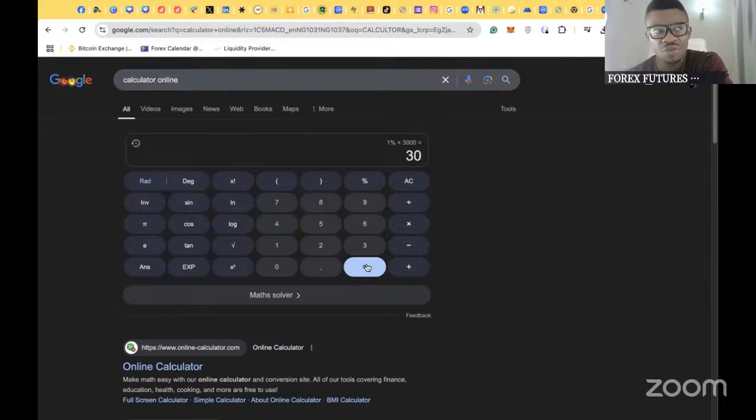So in terms of risk management, I would say it's very good for us to risk 1% of our account for each particular trade. Sometimes we can even risk 2% of our account for a particular trade.